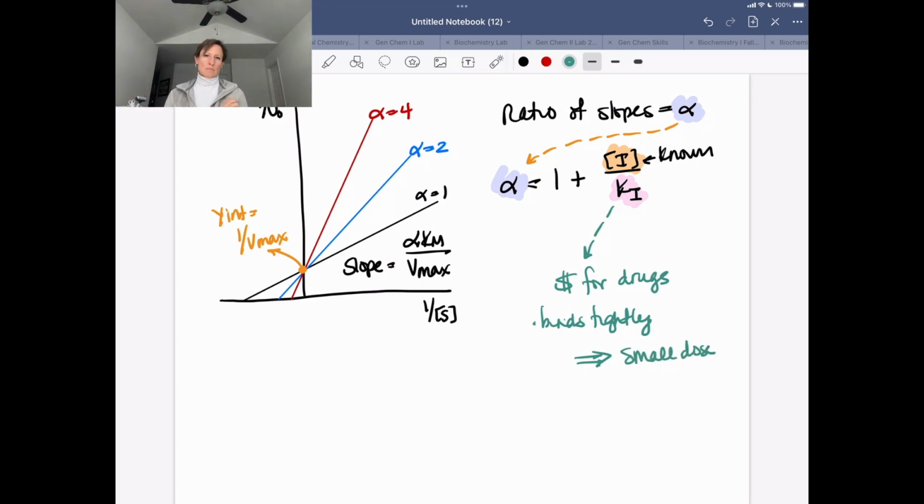Small doses for drugs are important because not only does that mean you don't have a lot to take, there are fewer side effects, and importantly, it's likely to cost less to make if the patient only needs to take small amounts of it. All right, so that's our thought process with competitive inhibition.